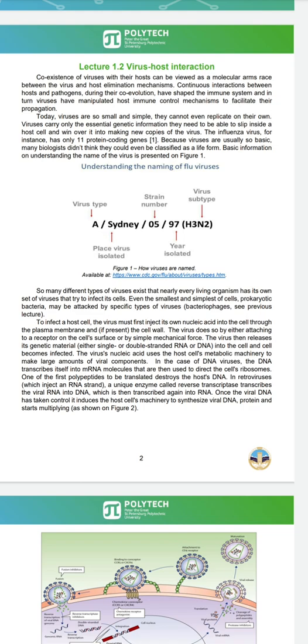To infect a host cell, the virus must first inject its own nucleic acid into the cell through the plasma membrane and, if present, the cell wall. The virus does so by either attaching to a receptor on the cell surface or by simple mechanical force.